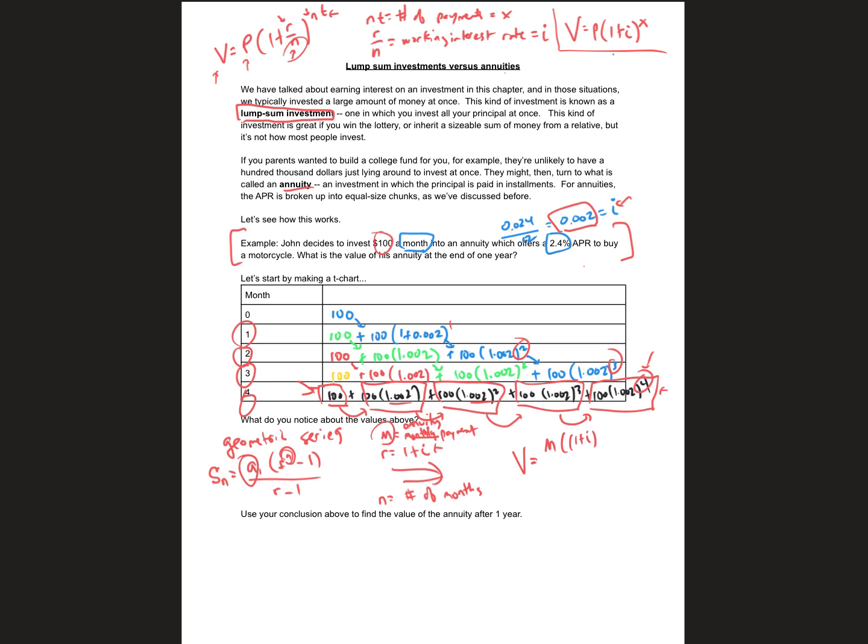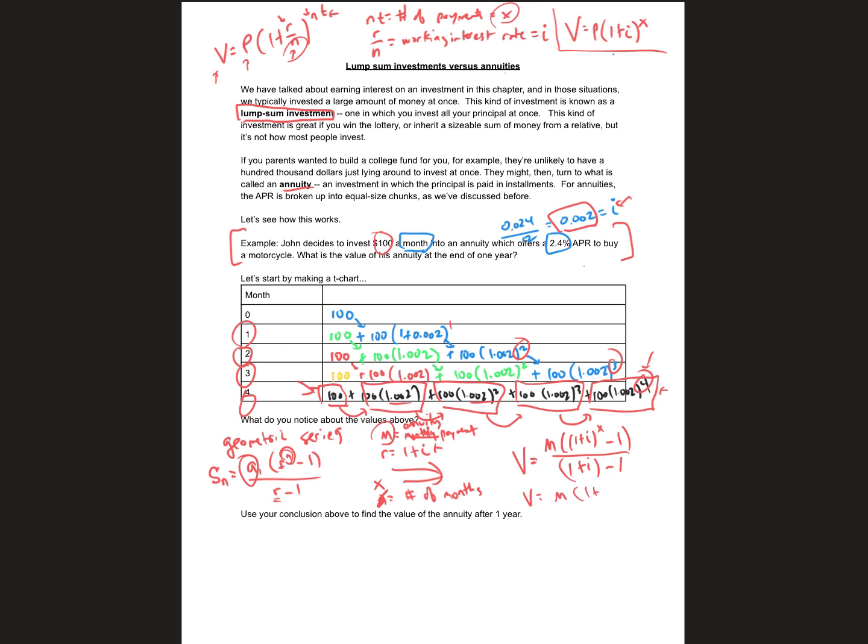Let me fix that. Remember, up here at the top, we called that X. So we're going to call that X here. So 1 plus I to the X minus 1, all over 1 plus I minus 1.